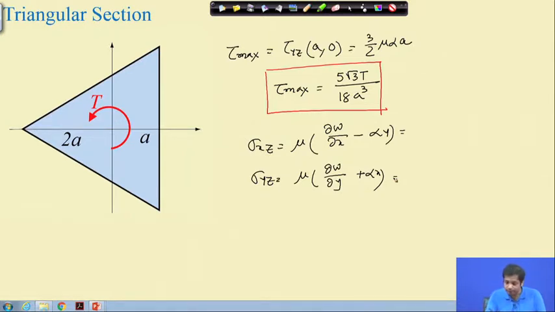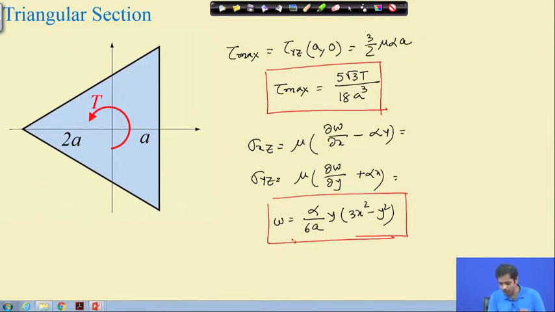Now, if you do that, the final expression of W will be alpha by 6a y into 3 x square minus y square. This is the final expression for this. Okay. So, this is the warping W.